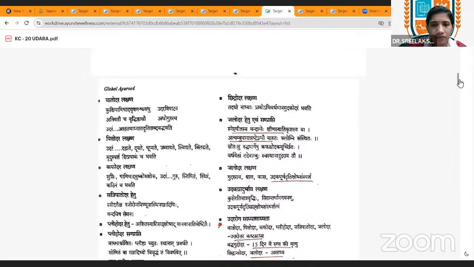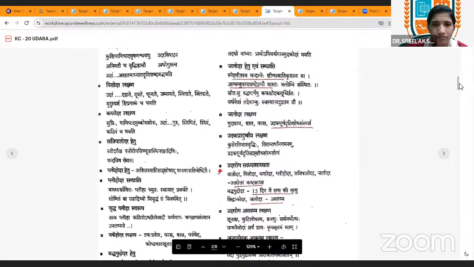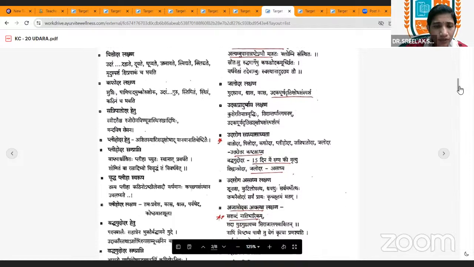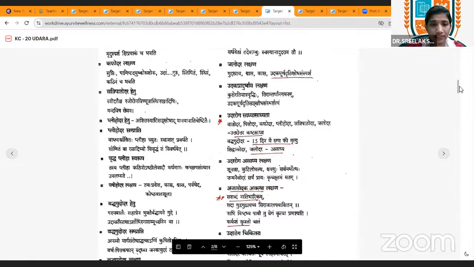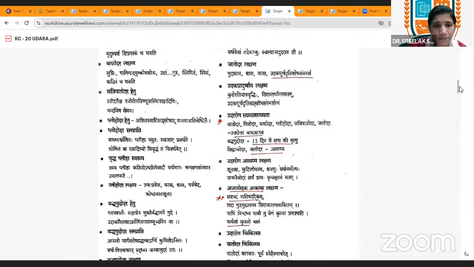Then coming to the Lakshana, mainly you have to study the Plehodara Lakshana. In Plehodara Lakshana, mainly Kachaba Samsthanam. So the abdomen has the shape of a Kachaba.